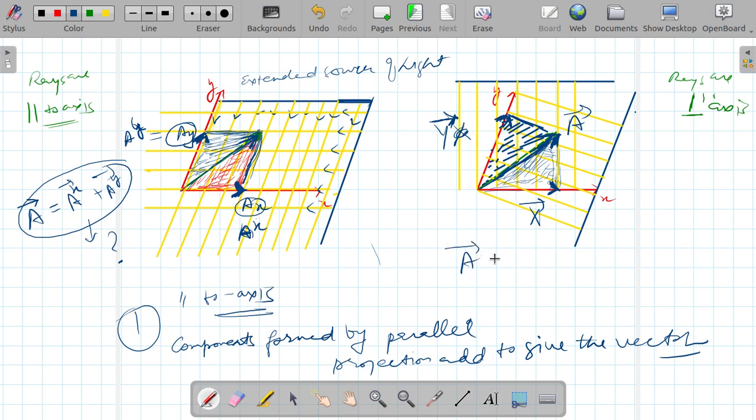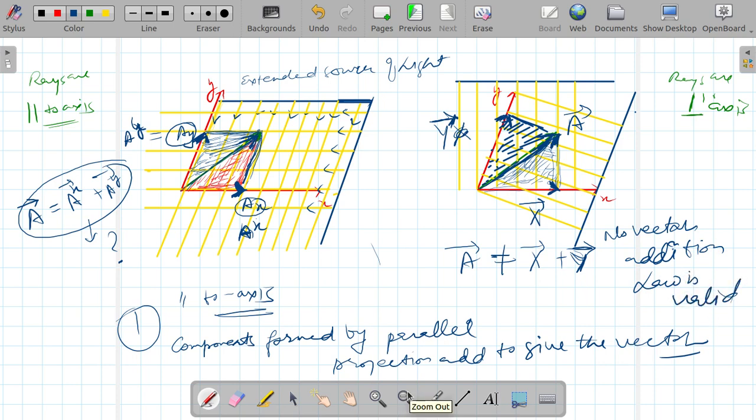Now this vector A can never be written as x vector plus y vector, because no parallelogram will be formed. That means no vector addition law is valid.